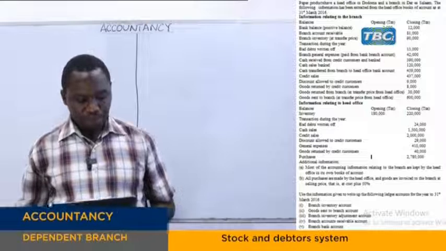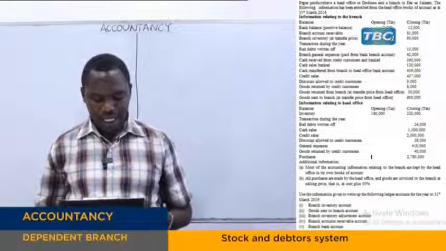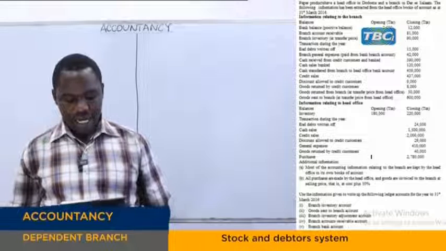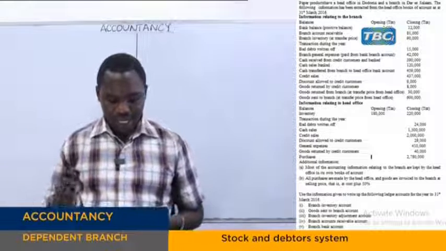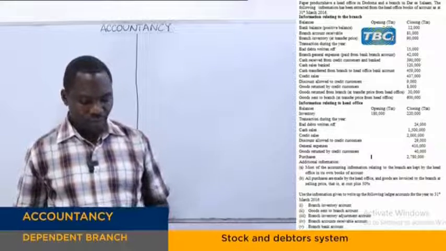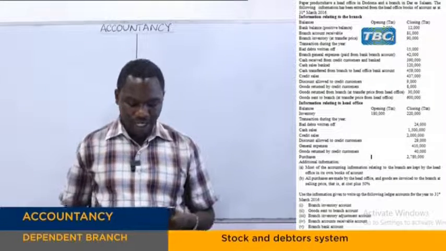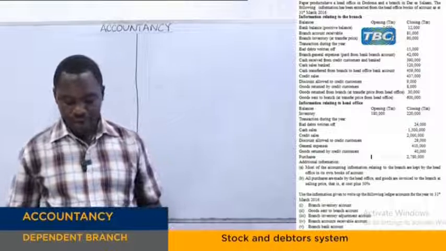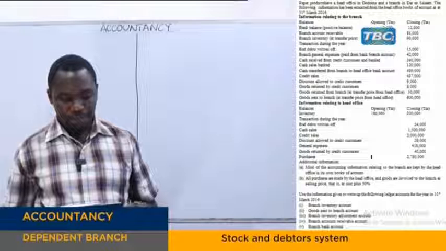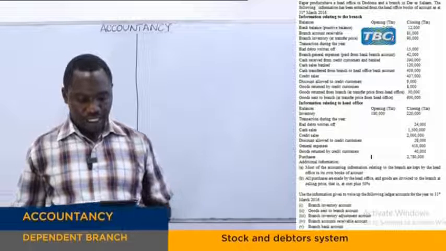Part B. All purchases are made by the head office and goods are invoiced to the branch at a selling price, that is at cost plus 50%. So use the information given to write up the following ledger accounts for the year ending 31st March 2017.